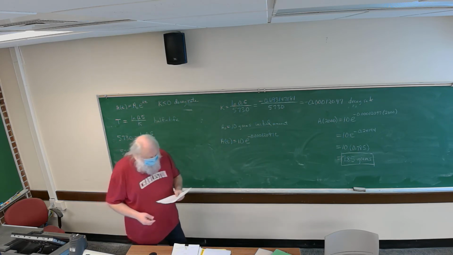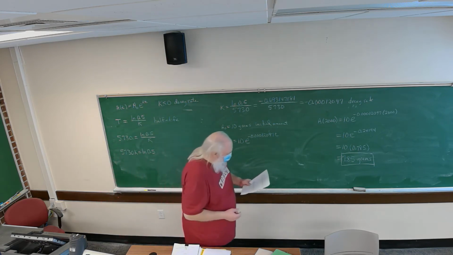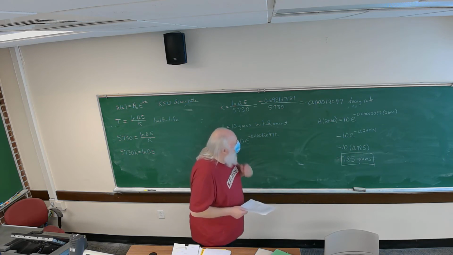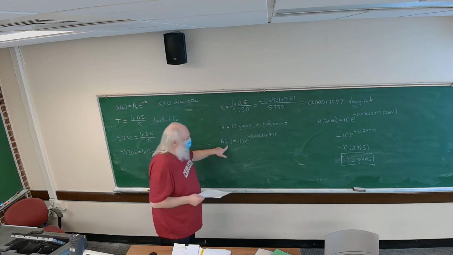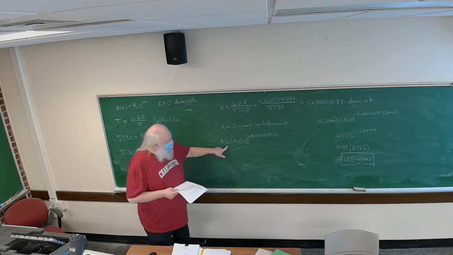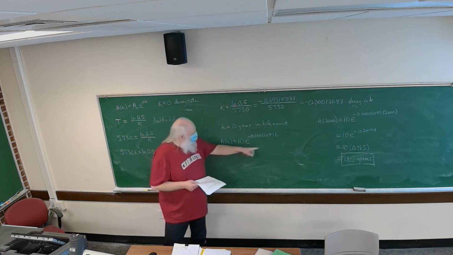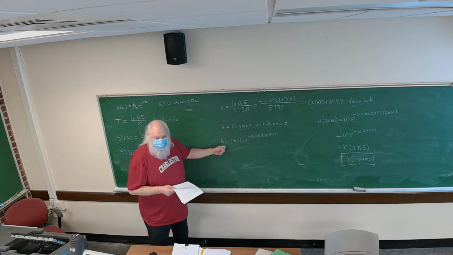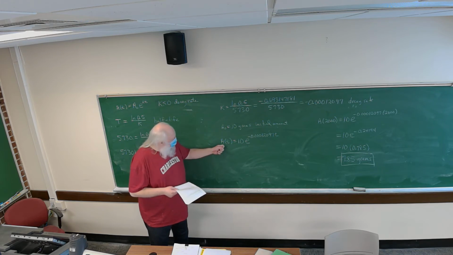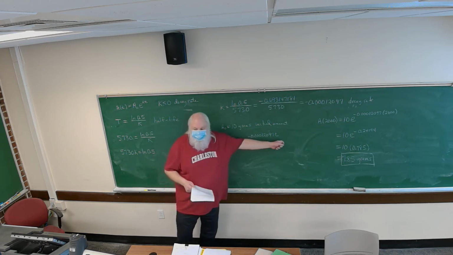In B, it asks when will there be 2 grams left? So, where's our model? Right here. So it's asking for what value of t is the amount equal to 2 grams? So we replace A of t with 2 on the left side, and we solve for t.